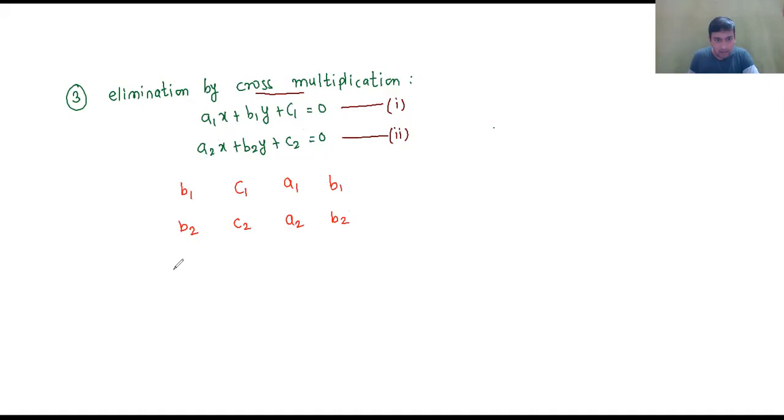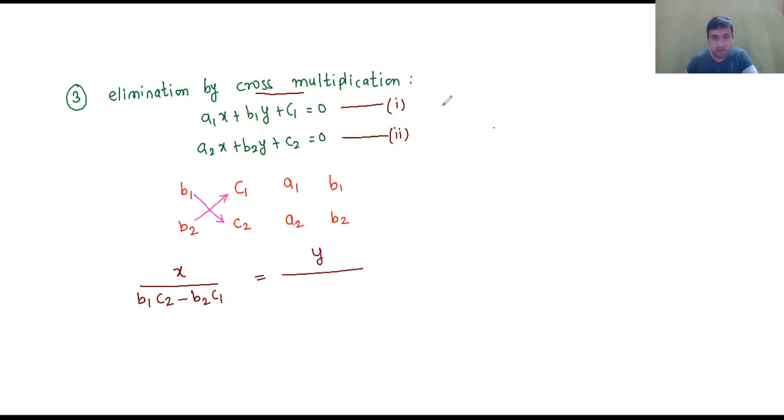Now, you can write x upon, to find out x and y. This is cross multiplication. See how to cross multiply. You multiply b1 with c2, and then b2 with c1. Is this correct? Yes. So I am writing x upon b1 c2 minus b2 c1, which is equal to y upon.